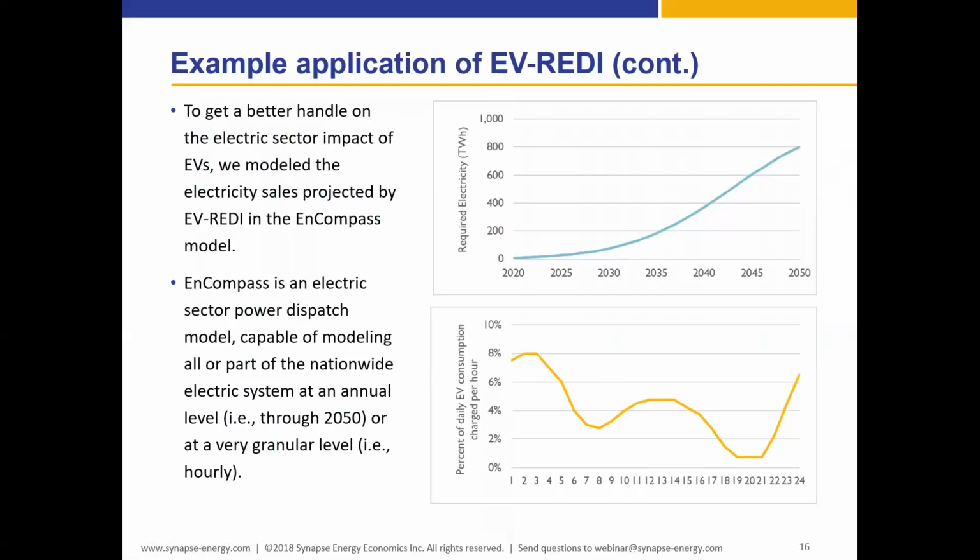So what EV-REDI is intended to do is not really be a standalone model, but be one that feeds into the other set of models that are available, whether they're ones we use at Synapse or ones that are publicly available, like AVERT or COBRA, and give some additional information about a sector we didn't really have a whole lot of information about up till now.